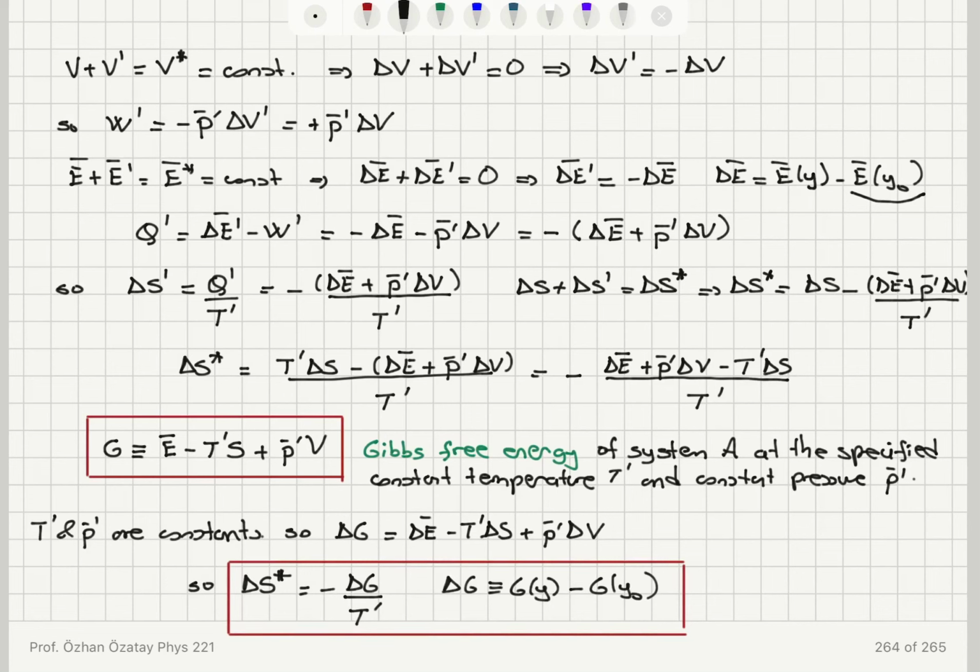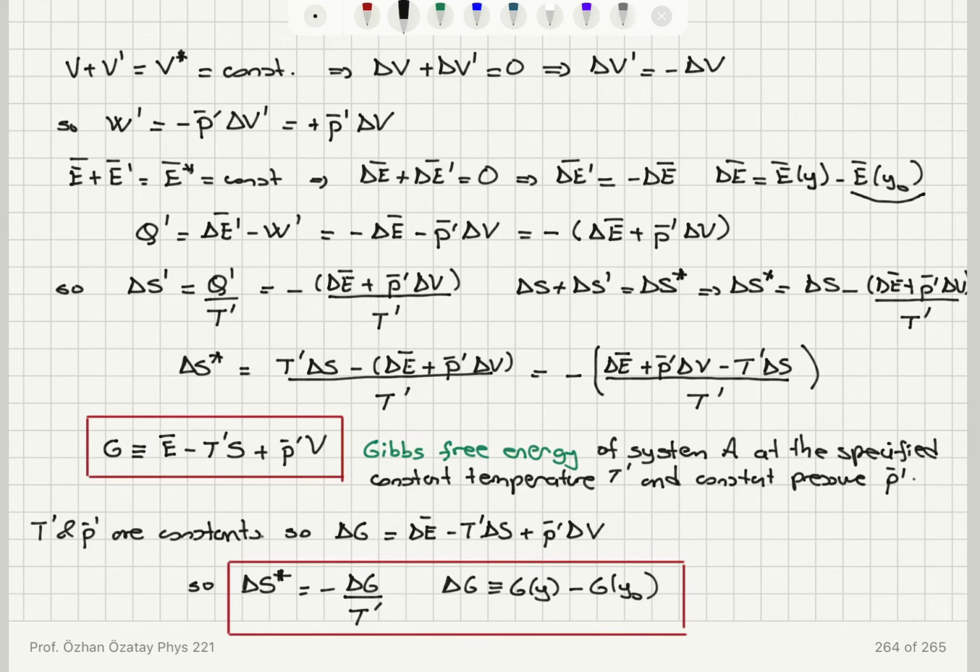So the change in entropy of the prime system is minus delta E bar minus P prime delta V divided by T prime. And the total change in the entropy is delta S minus parentheses delta E bar plus P prime delta V divided by T prime. So we see that the entropy change for the total system is minus parentheses delta E bar plus P prime delta V minus T prime delta S, divided by T prime.